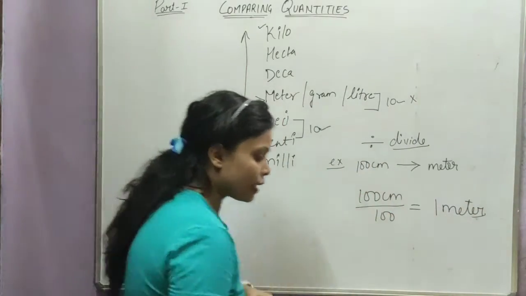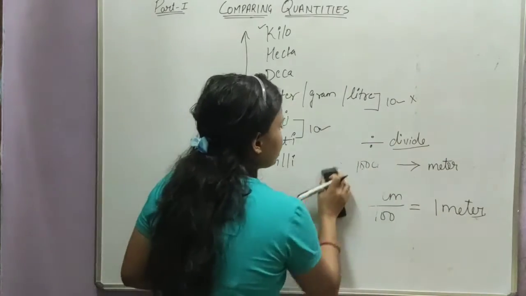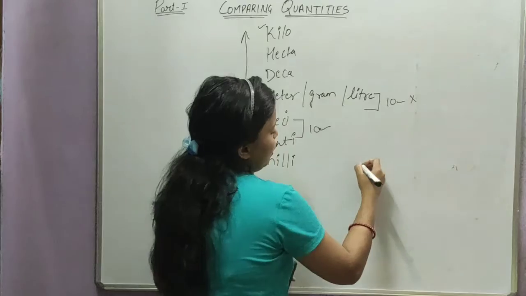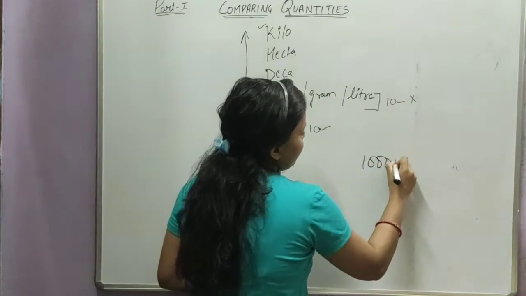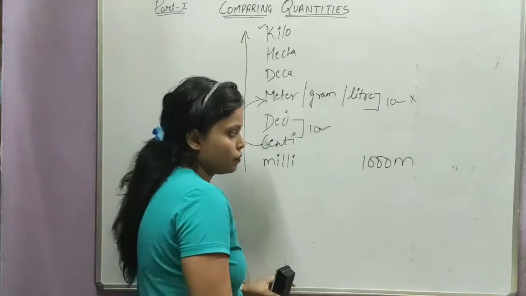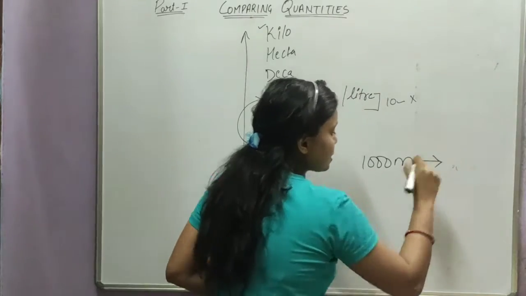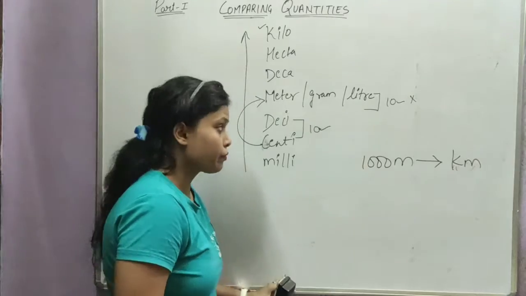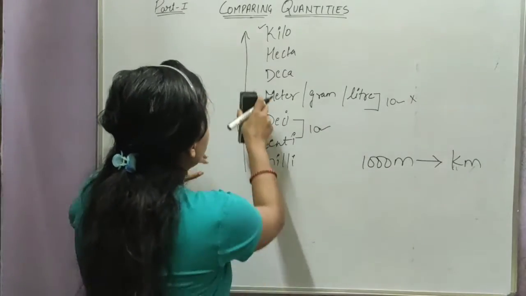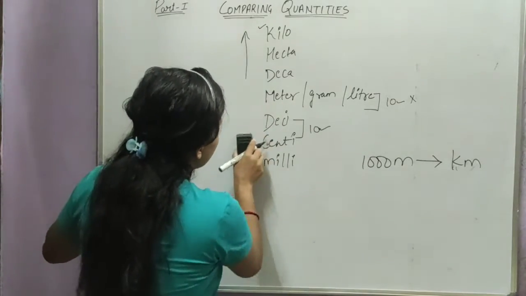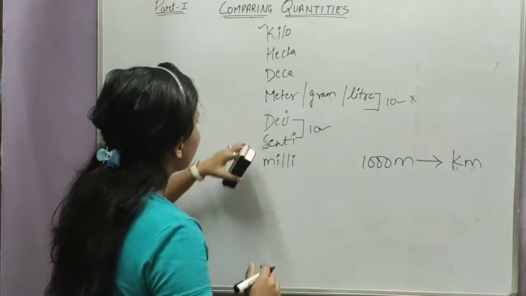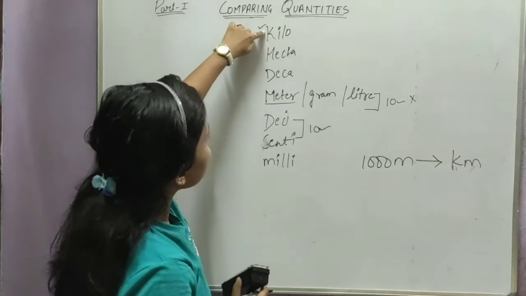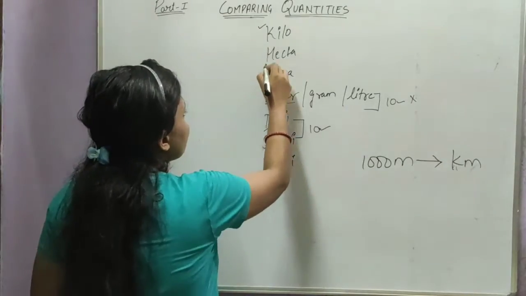Okay, let's take another example. I have given 1,000 meter and I have to convert this 1,000 meter into kilometer. So meter is here and we have to go 3 steps higher. 1, 2, 3.